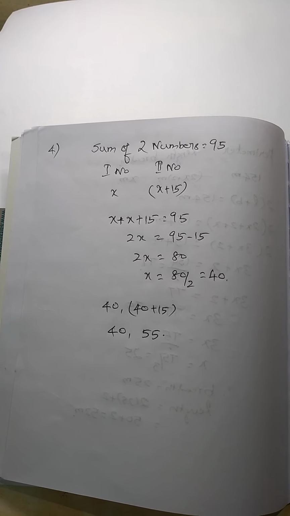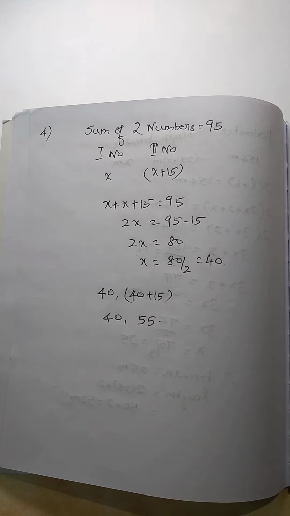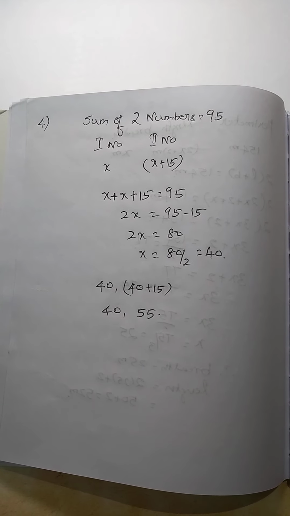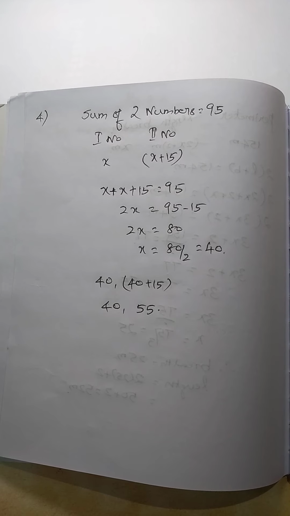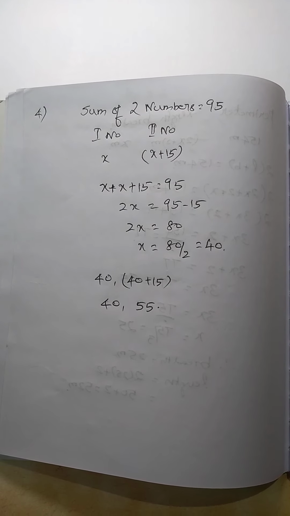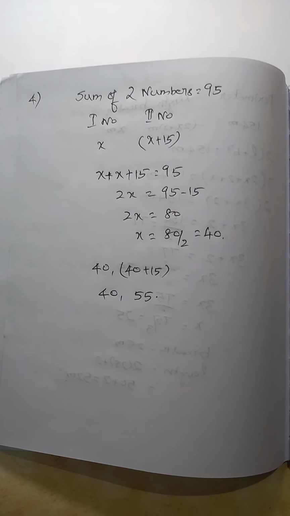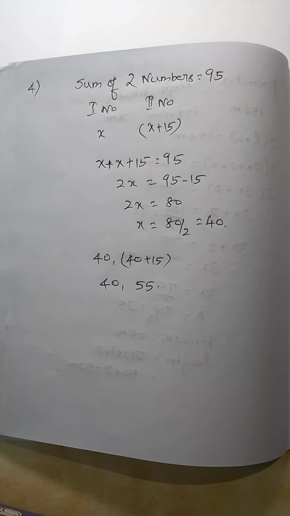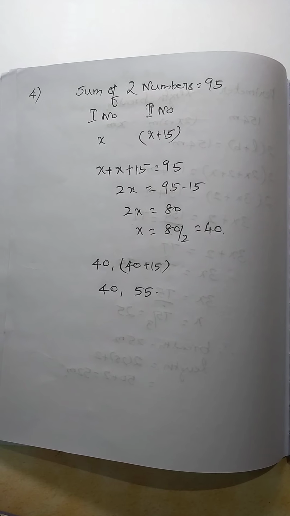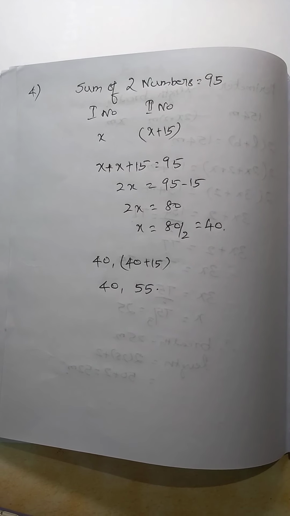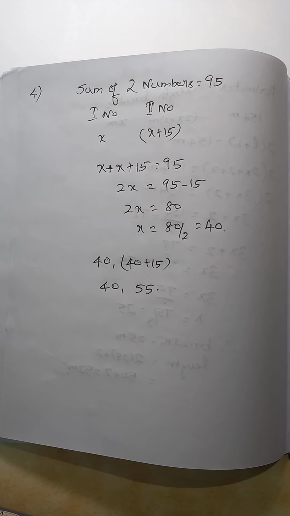So add those two numbers, x plus x plus 15, that goes around 95. So 2x becomes 95 minus 15, which is 80. So x becomes 80 by 2, that gives you 40. So your first number is 40, the second number is 15 more than your first number, so it is 55. When you add 40 and 55, you will get 95.